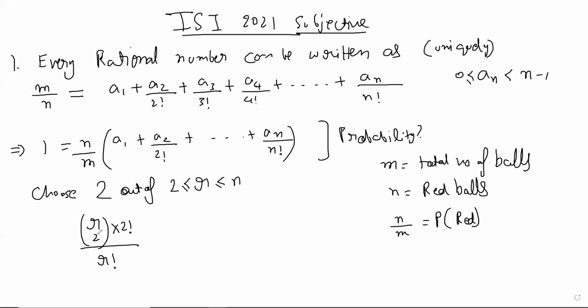Out of r, you're choosing 2. Right. Okay. Then you want to add this up over r. Okay. Times the probability. But then why should this be 1? Or do you want this to be 1?